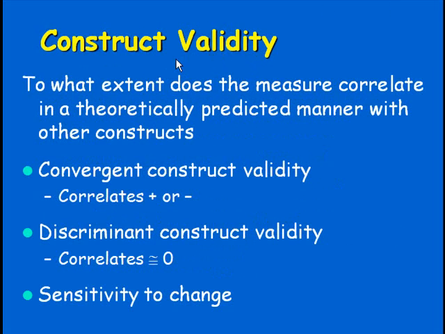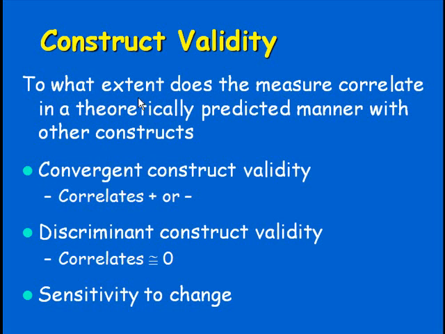Okay, construct validity looks at to what extent the measure correlates in a theoretically predicted manner with other constructs, such as convergent construct validity. Let me back up a minute. To what extent does the measure correlate in a theoretically predicted manner with other constructs?